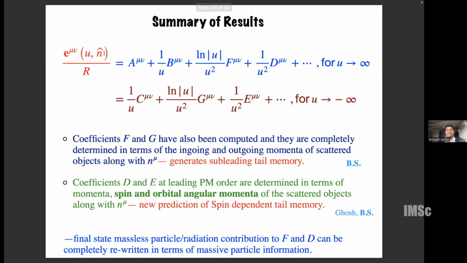Yes, so since in gravity Newton's constant is a dimensionful parameter, G times the mass of the particles and omega, the soft frequency, come together as a combination to make it dimensionless. So if you expand in Newton's constant, it gives extra powers of omega, which is the soft expansion. And at each loop order, since there is no other collinear divergence in gravity, it gives one extra power of logs.